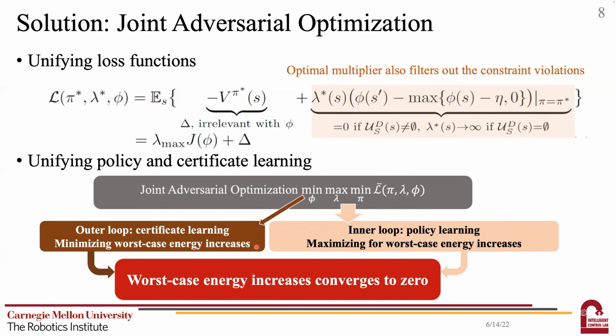The result of this adversarial optimization is that our worst-case energy increase converges to zero. This means we get feasible safety certificates and also safe control policies. In our paper, we also provide a solid convergence guarantee. You can check the paper if you are interested.